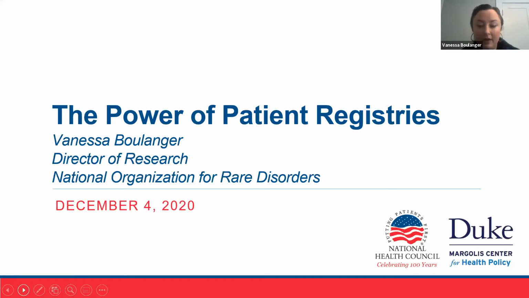NORD began as a small group of patient advocates that formed a coalition to unify and mobilize grassroots support to pass the Orphan Drug Act of 1983, and then shortly thereafter formalized as an independent advocacy organization that works each day on behalf of and in support of families and patients affected by rare diseases. I'm sharing this history and background because it will help frame some of the content that I'll be presenting today.